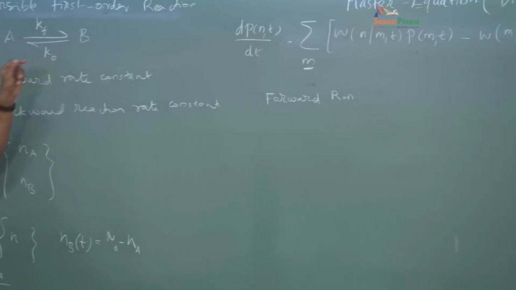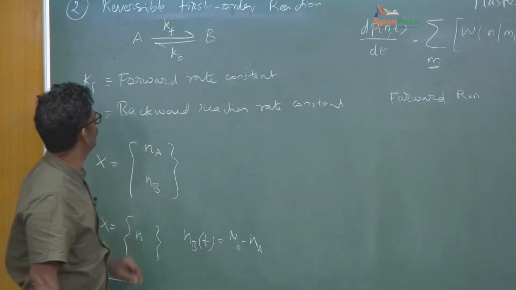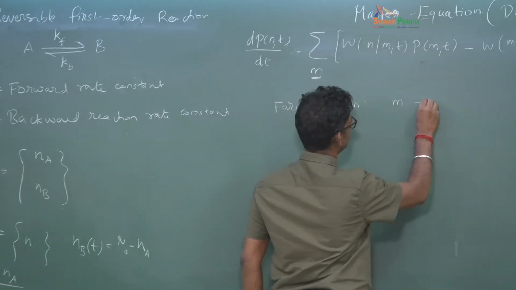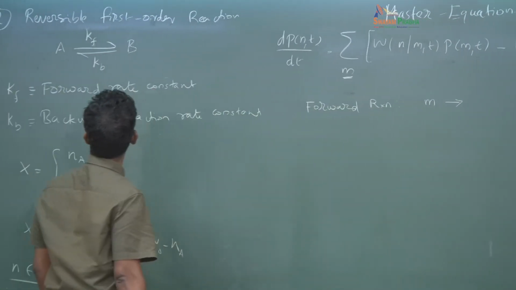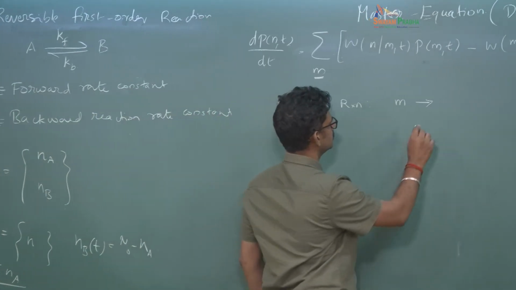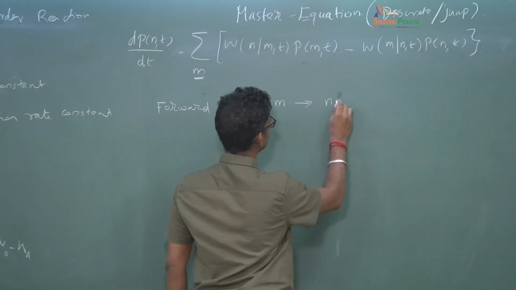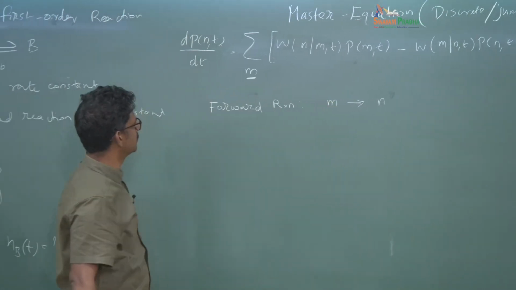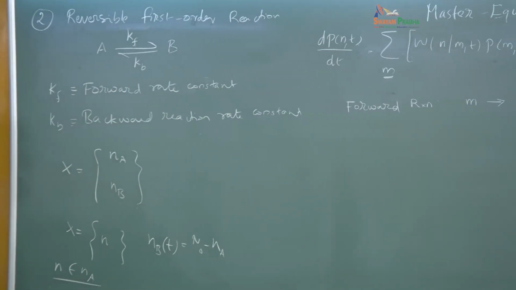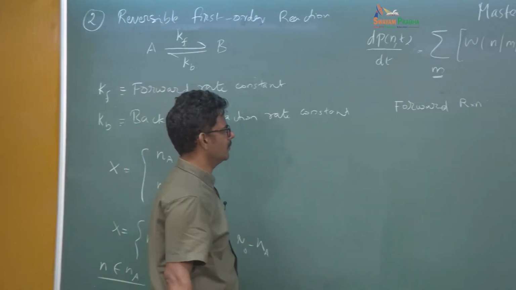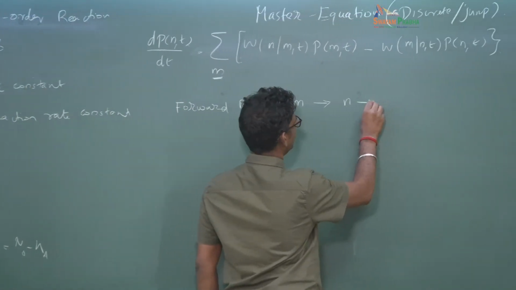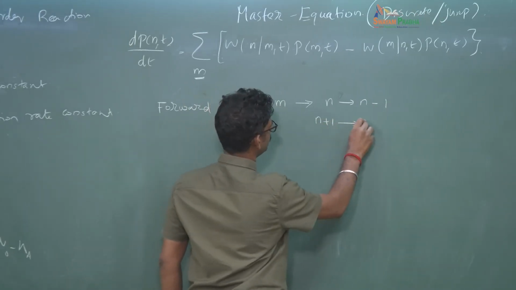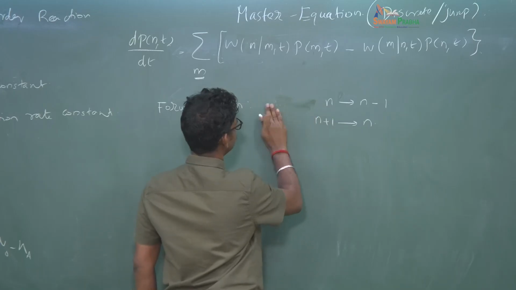In the forward reaction, we can have M as, the forward reaction can only take it from n to n minus 1 or n plus 1 to n. Okay, so these are the possibilities.